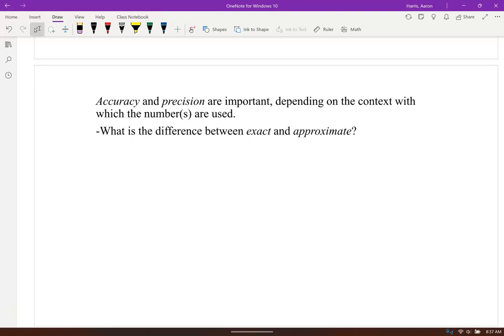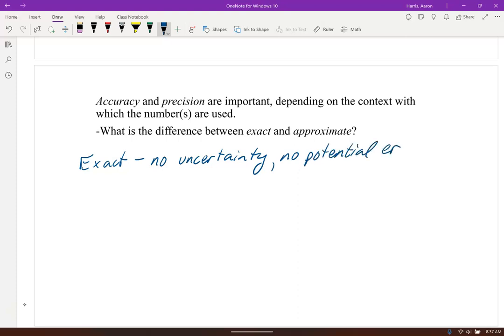So, what's the difference between an exact measurement and approximate? Well, with exact, there's no uncertainty. In other words, there's no potential error. There is no error at all on your measurement.